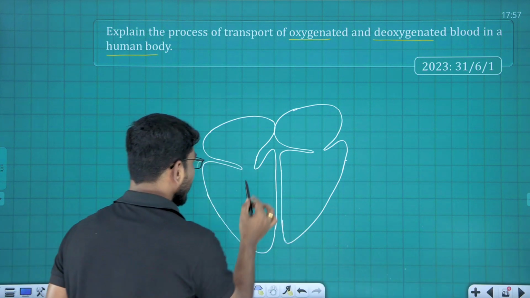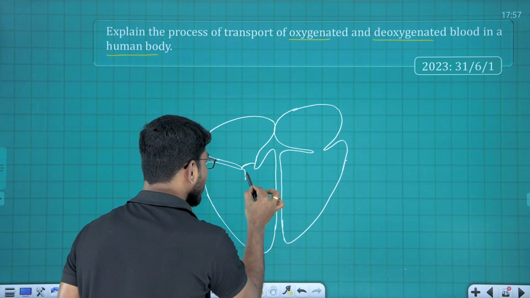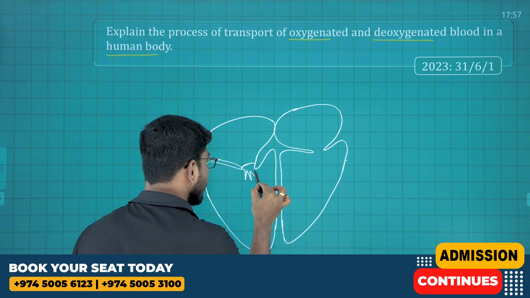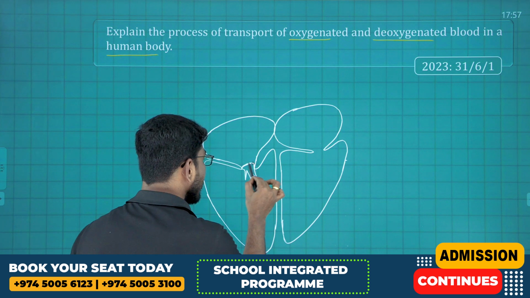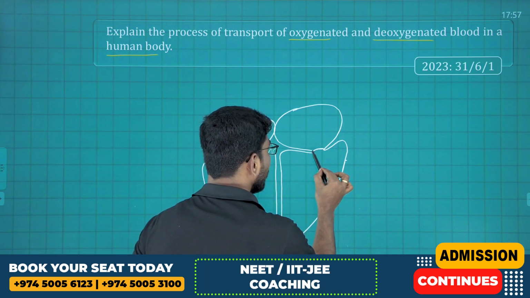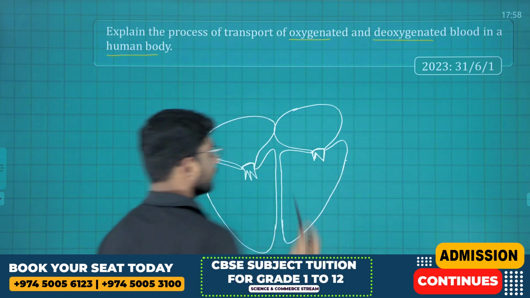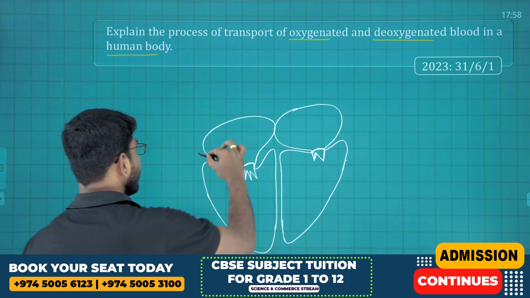Here, I'm drawing this valve. This valve is the tricuspid valve: 1, 2, 3 cusps. The tricuspid valve is between the right auricle and right ventricle. This is the bicuspid valve between what? Tell me. Left auricle and left ventricle, like this. Am I clear? Carefully try to understand.